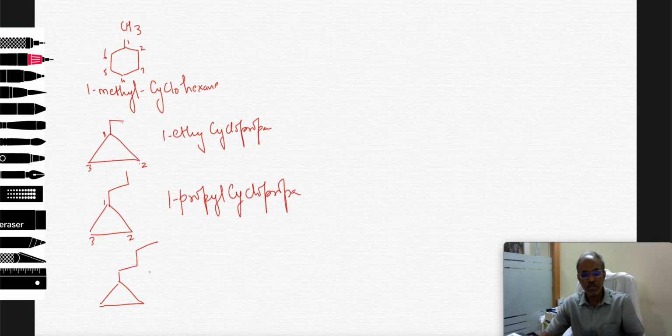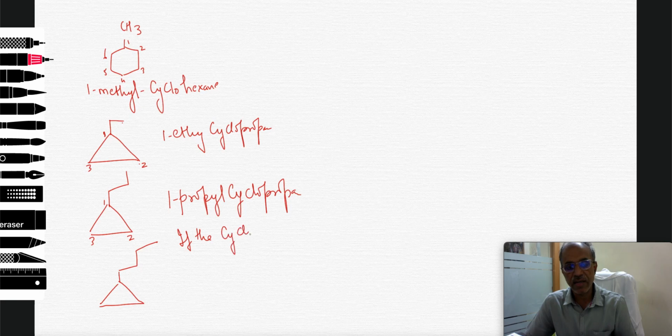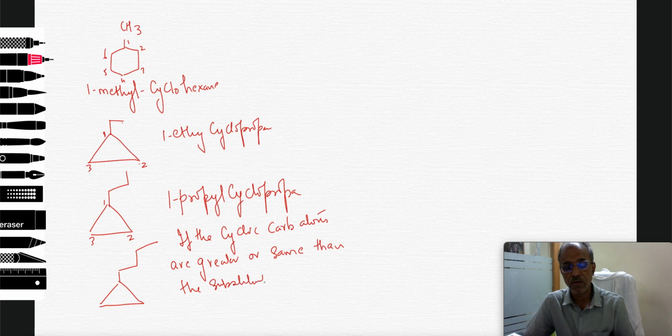So if the cyclic carbon atoms are greater than or the same as the substituents, then they are the parent carbon chain.